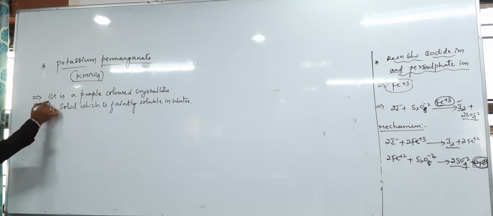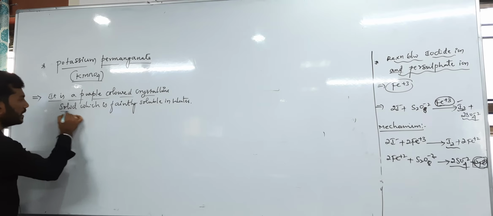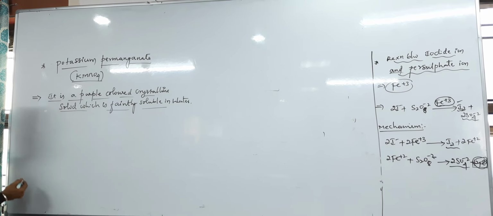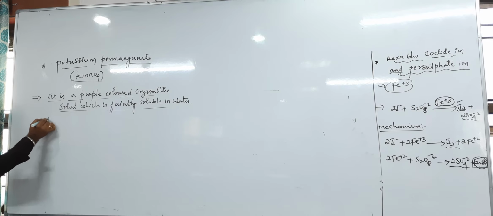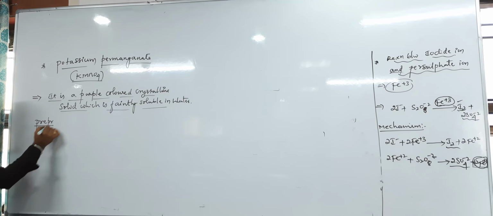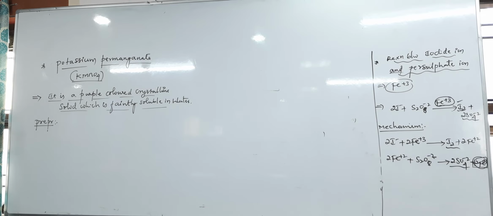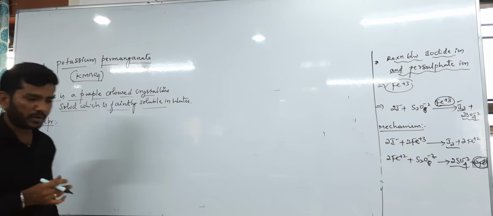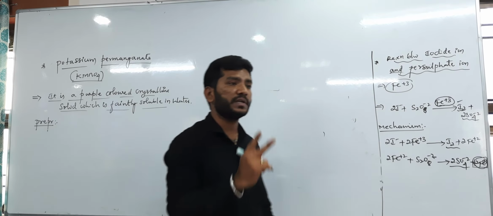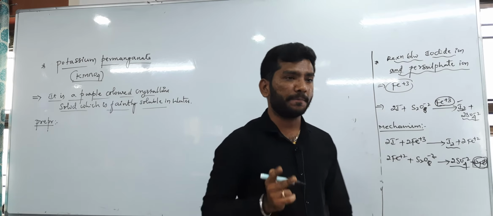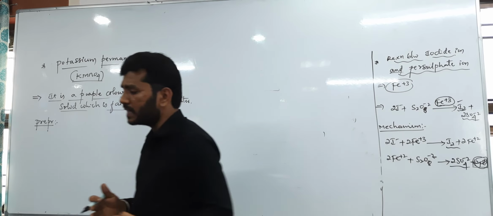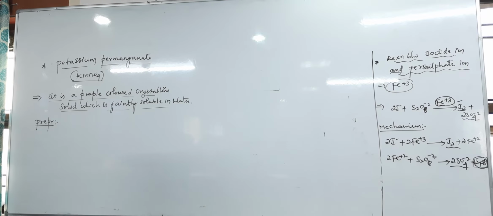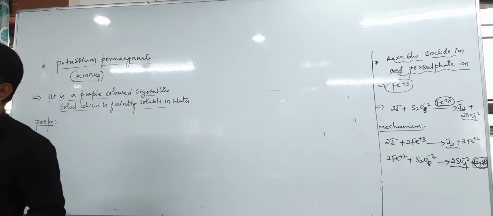Next, let us look at the corresponding preparation, guys. So, preparation of potassium permanganate, KMnO4. In order to get potassium permanganate, we have to focus on two particular steps. First we need the source, the particular compound from which we have to prepare potassium permanganate.